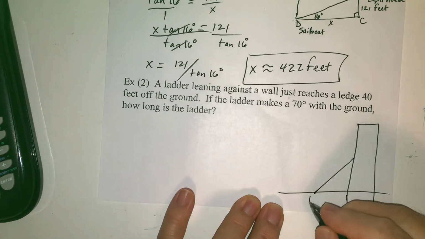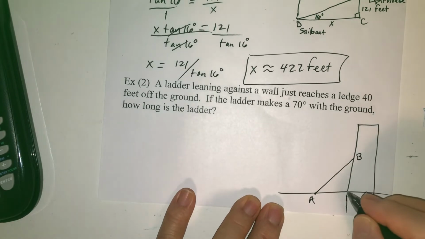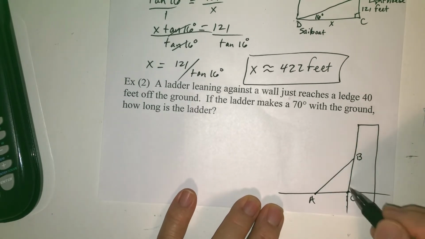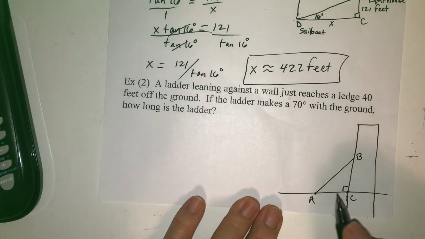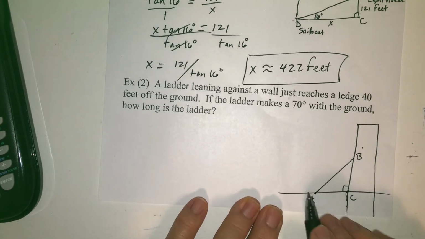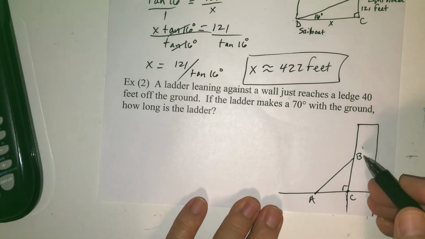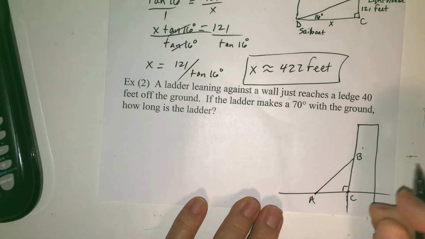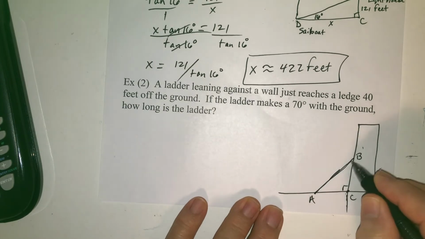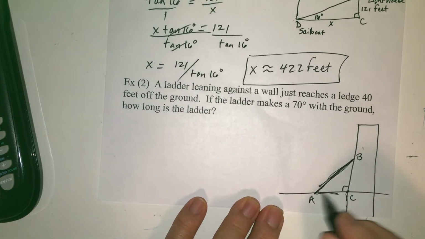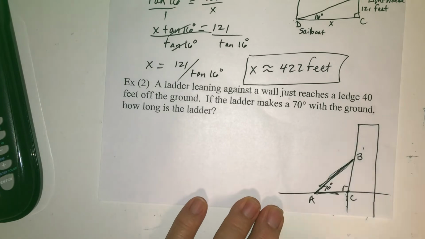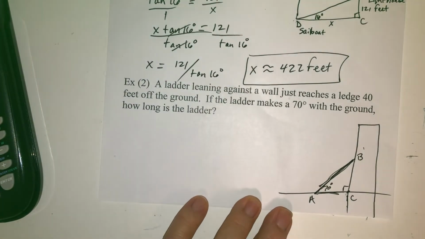Okay, so segment AB represents the ladder, and that means that since the building is erected perpendicular to the ground, triangle ABC is a right triangle. And the ladder, which is segment AB, makes a 70-degree angle with the ground.